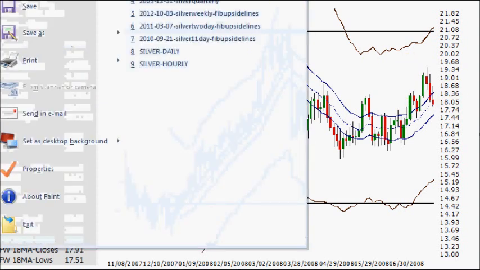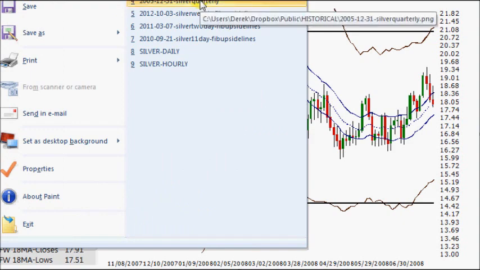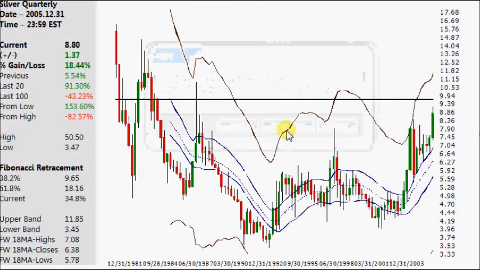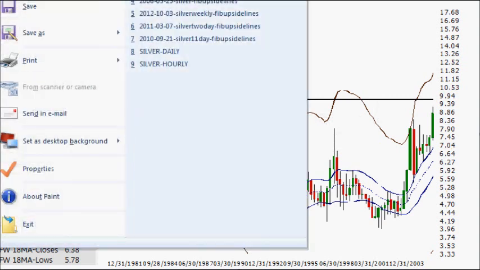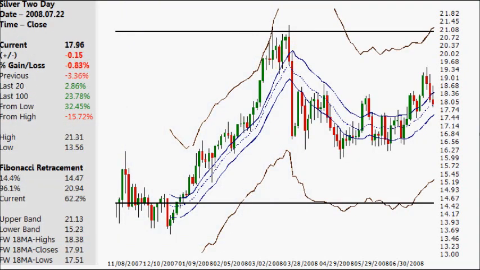Let me just go back and see what that was offhand. 18.16, okay. So now let's go back to the same chart, and we'll draw a line at 18.16, somewhere around here.